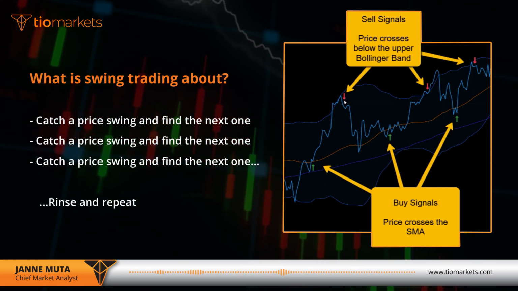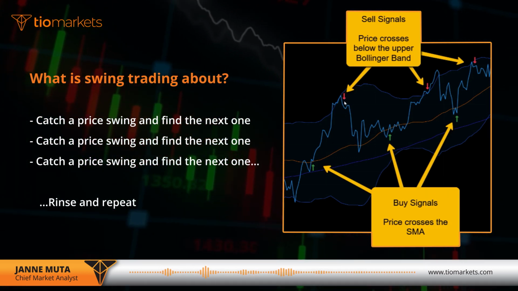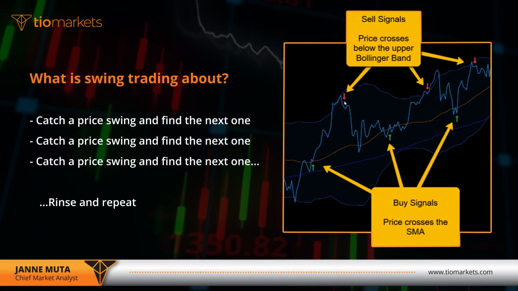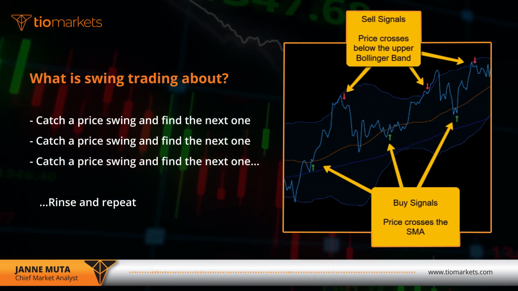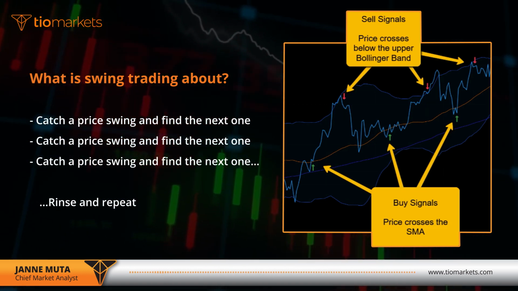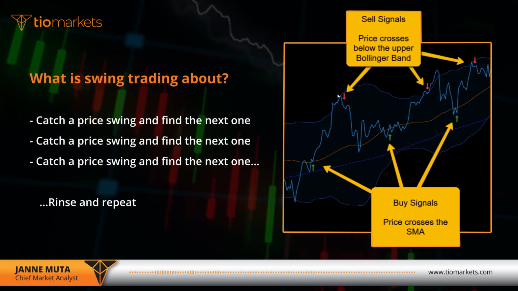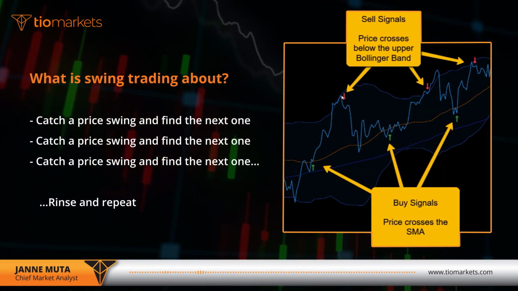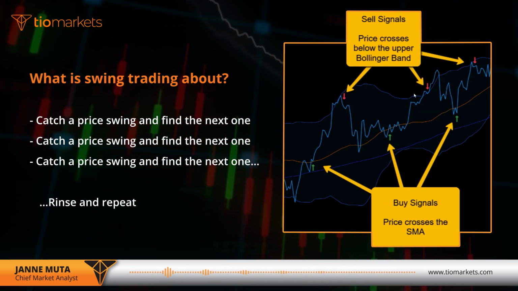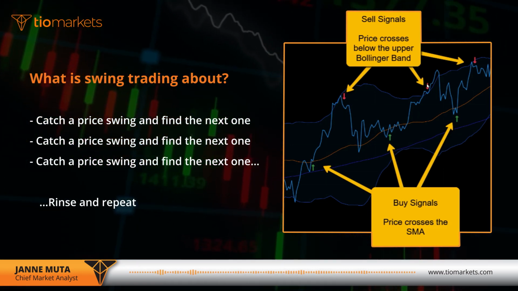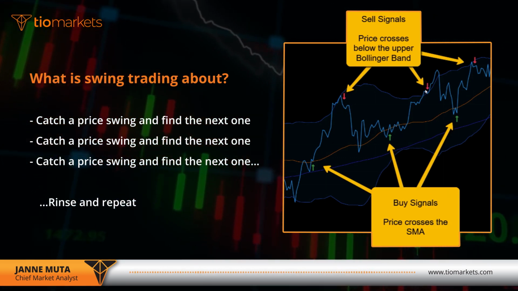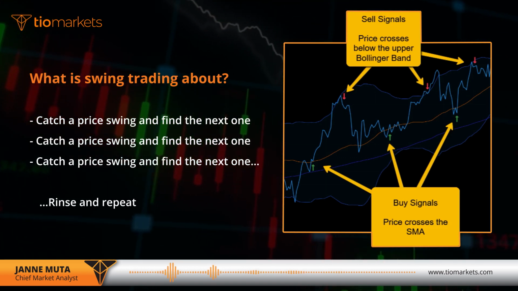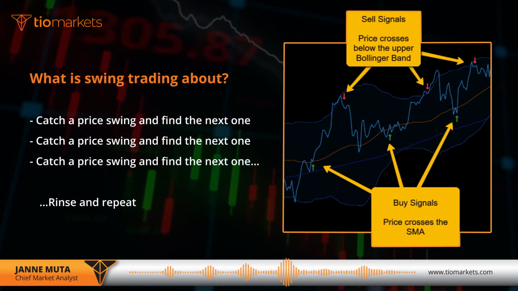So this is one way of doing it, but in this video we're going to look at some other options too. And really the essence of this idea is that you want to catch one swing, then you look for the next one, you catch the next swing, and then you start to look for another one in this same market or in some other market. But basically the idea is to just rinse and repeat the same process over and over again.